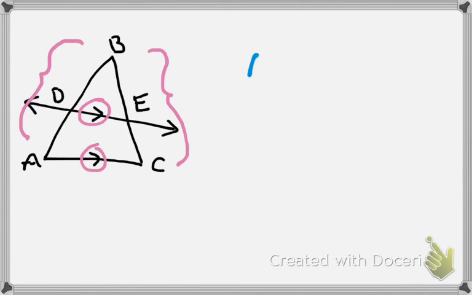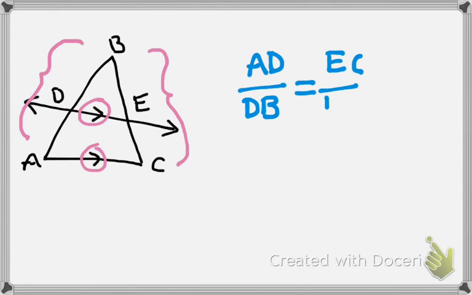We can say segment AD corresponds to DB, and as a result, it's going to be equal to EC over BE. Now, you could flip that around, and again, it's just dependent on how you choose to set up that very first ratio.